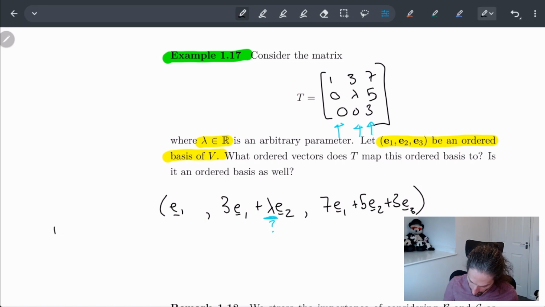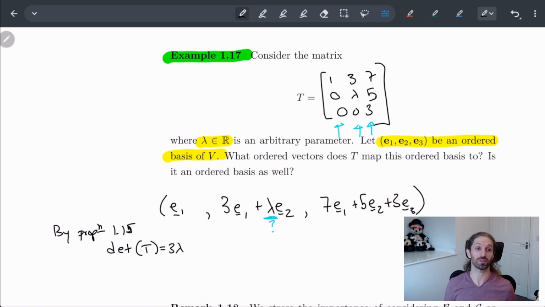So by proposition 1.15, we can just look at the determinant. What's the determinant of this thing? It's actually really easy. The determinant of T is just the product of the diagonal: 1 times lambda times 3, so just 3 lambda. Super easy.